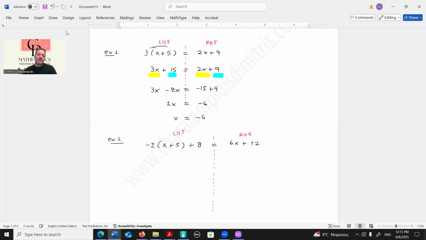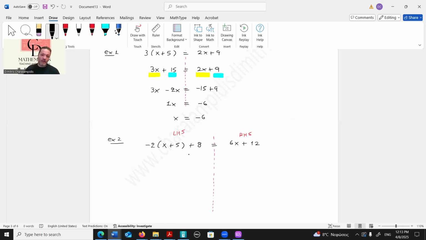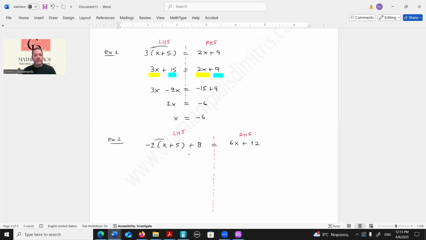I see that I have a distributive property to apply first, so I'm going to do it. Minus 2 times x, it's negative 2x. Minus 2 times 5, it's negative 10, plus 8 equals 6x plus 12.